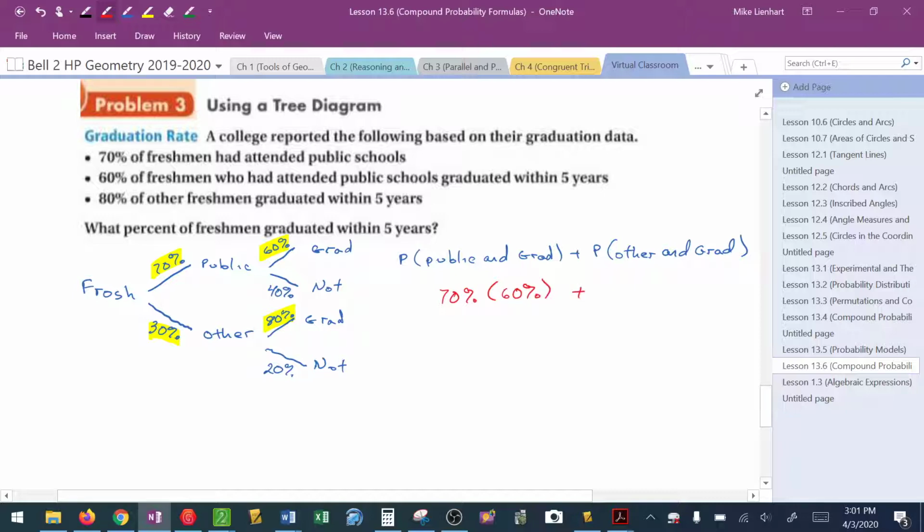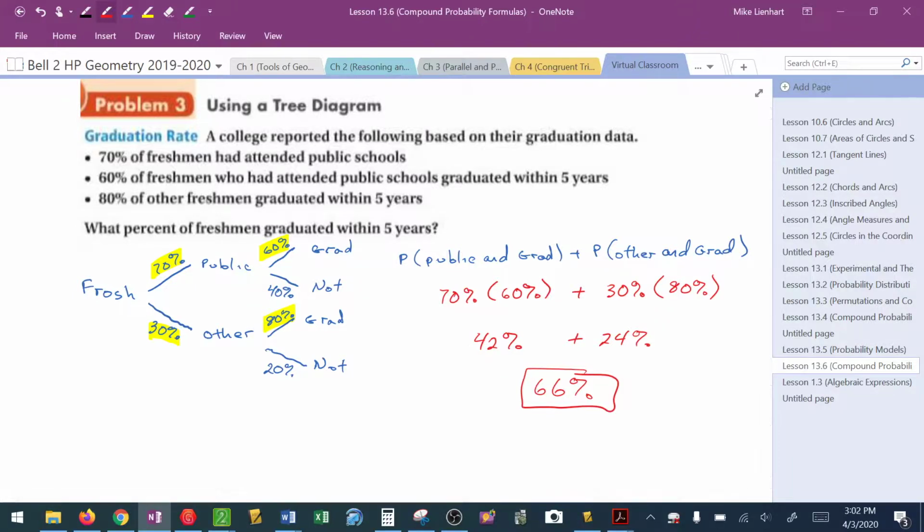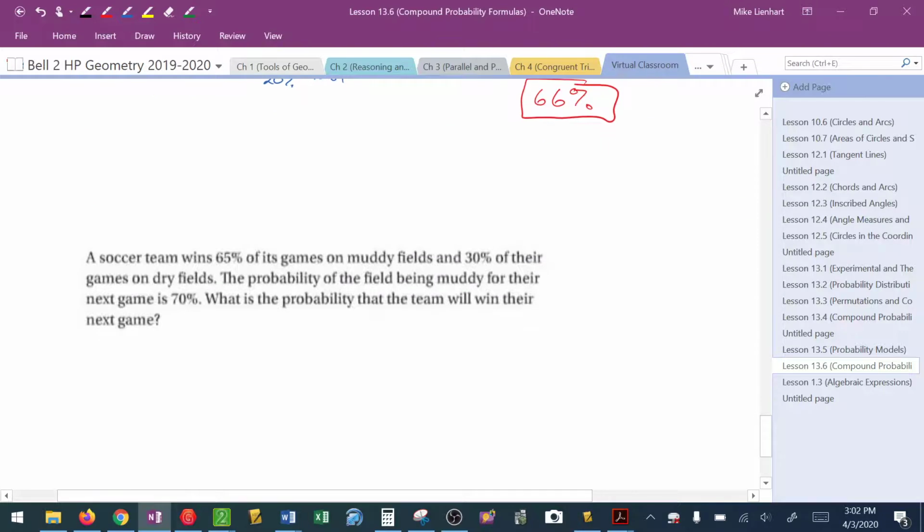I know the probability that you went to other was 30%, and graduated was 80%. So if I take those probabilities, 70 times 60, that would be 42%. And 30 times 80, that would be 24%. So if I now add those together, I get 66% would be my final answer to this scenario. Sometimes the tree diagrams, guys, take a lot of practice to get used to. So be prepared on Math Excel. You might have some challenges if there's any tree diagram type of questions.